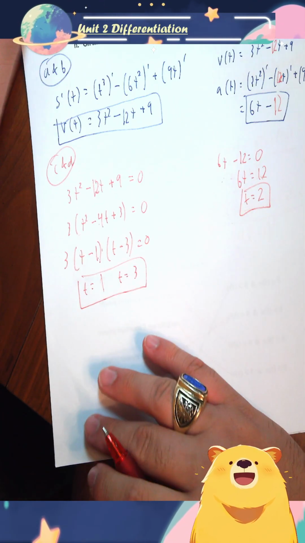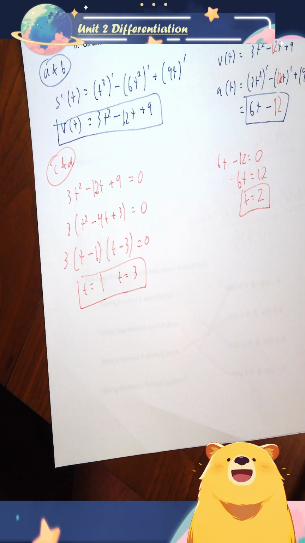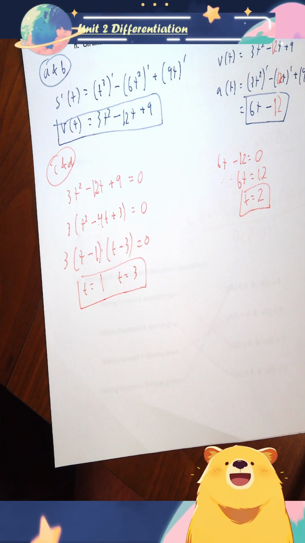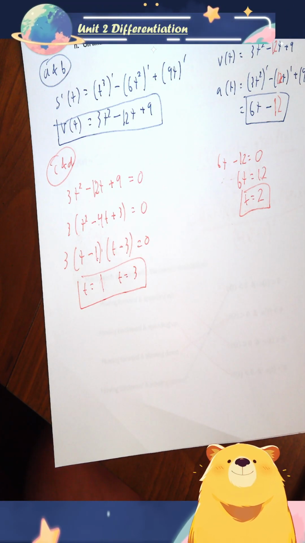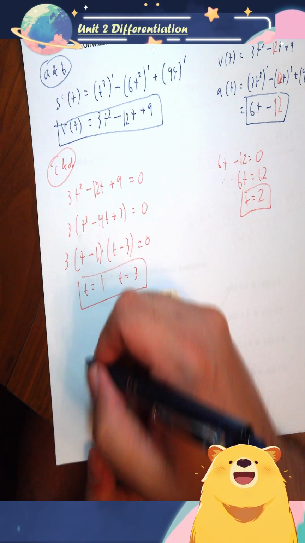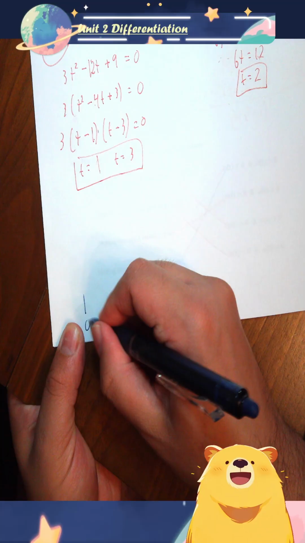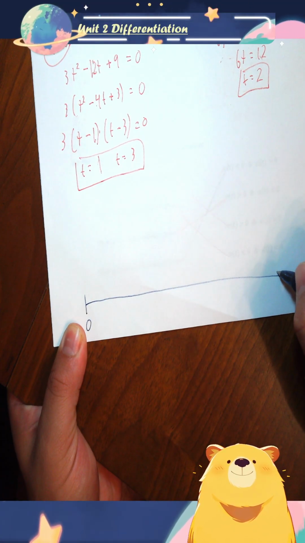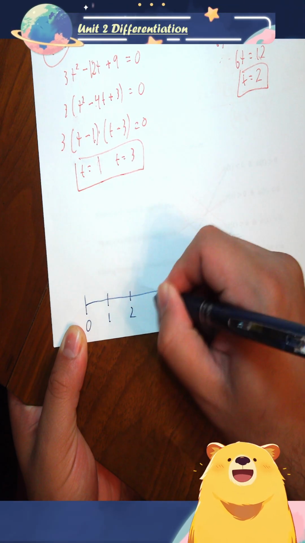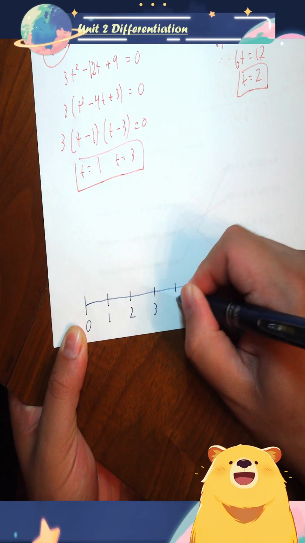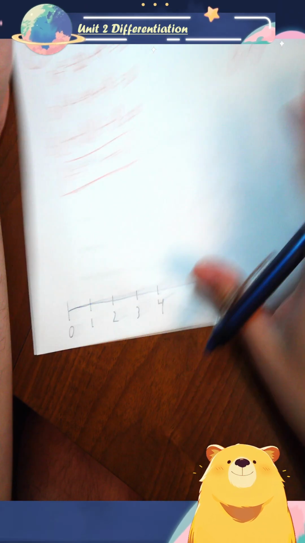All right, and then E, F, G, and H. Okay, so they're all kind of going to stack on top of each other. Let's start off with a number line. Let's go from 0 to 1, 2, 3, and then 4. We technically don't need to go further because of what's going to be here.